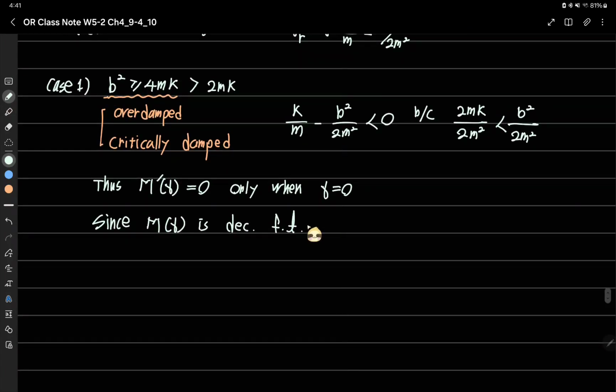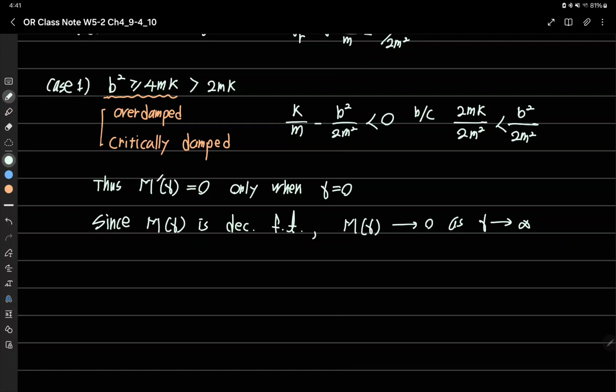Okay. So m of gamma is a decreasing function, and m prime equals zero, I mean, gamma equals 0 is the critical point. So m of gamma approaches 0 as gamma approaches infinity. Okay.